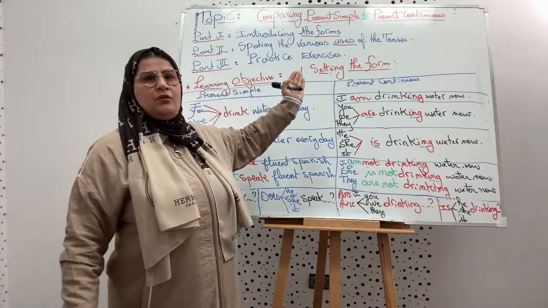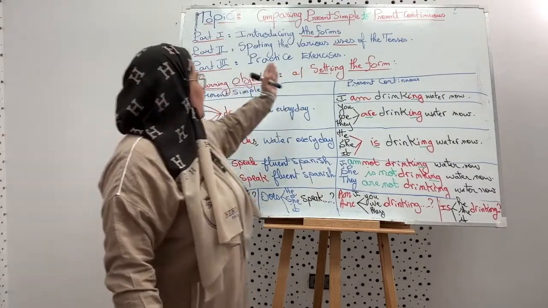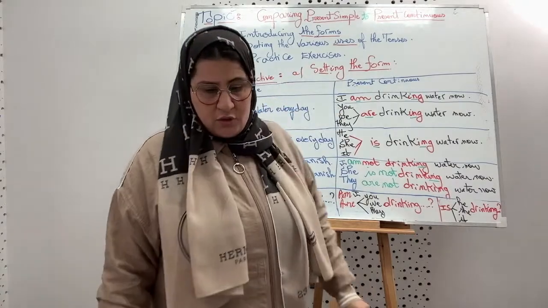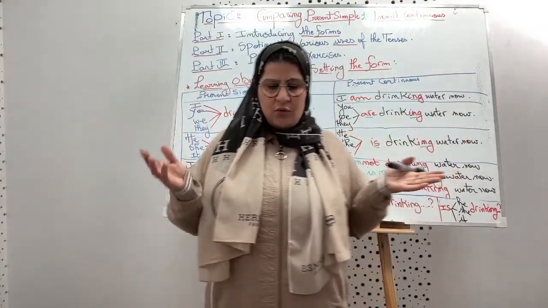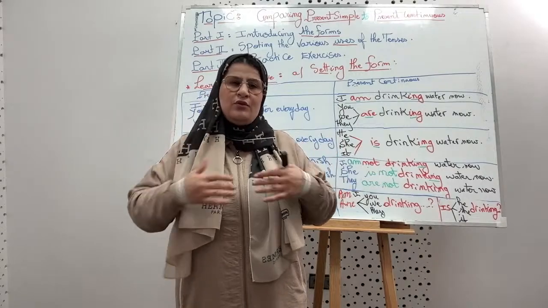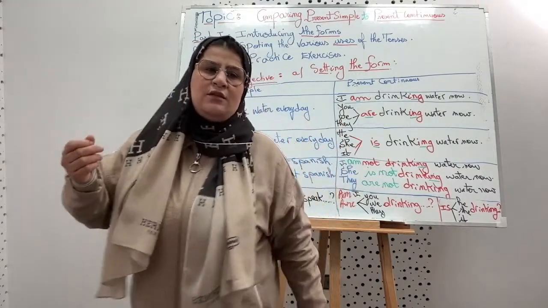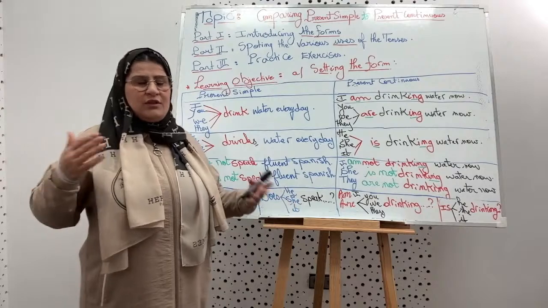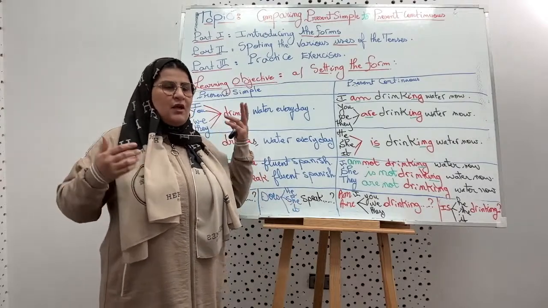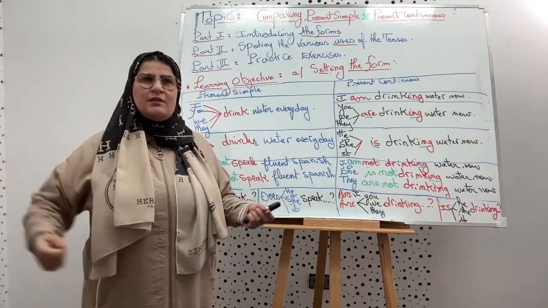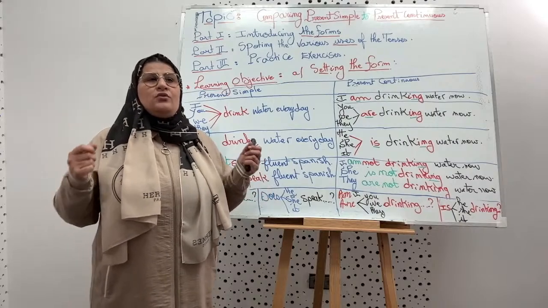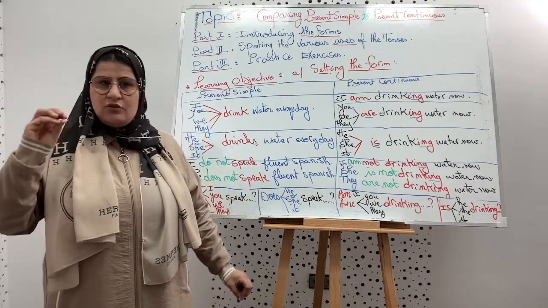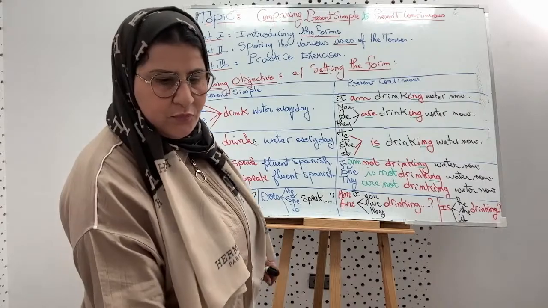One of the basic learning objectives is setting the forms. I'll just give you an overall view of both tenses because I already know that you have an idea about the differences in terms of use and form, since you have already studied the tenses before. So I'd like to shed light on the difference between them, okay?